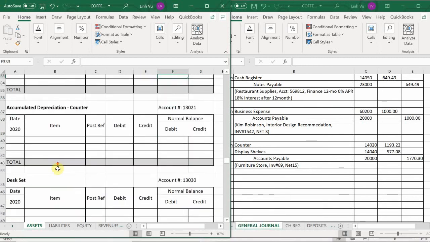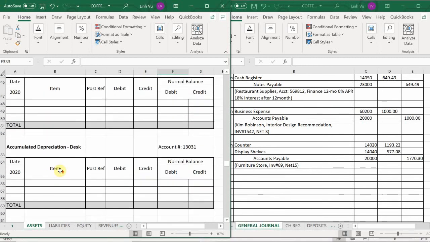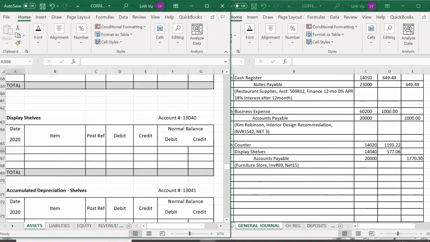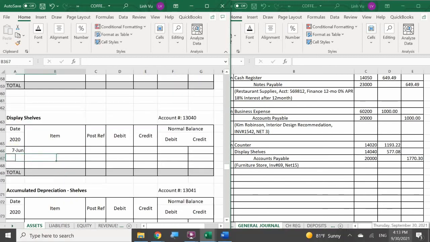We need to go down here to display shelves, the desk set, display shelves. Same thing here. It is the 7th, except this time I bought 5 display shelves, which cost me a grand total of $510 plus 8.25% tax.